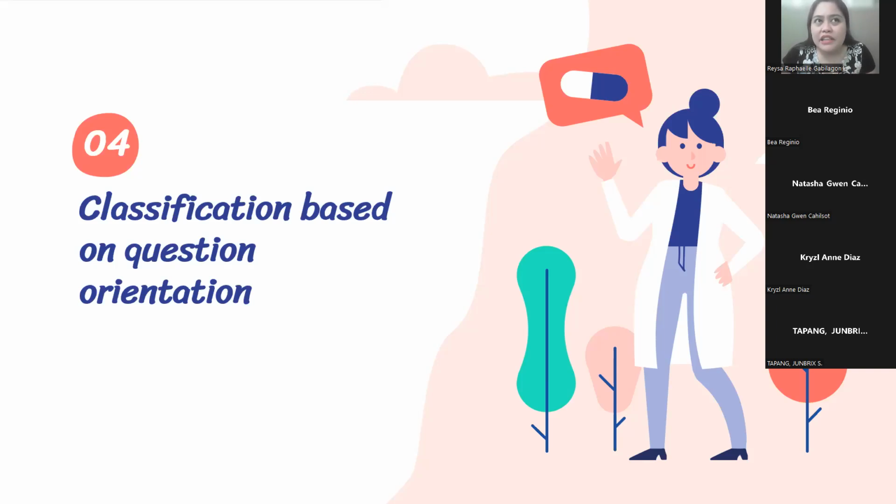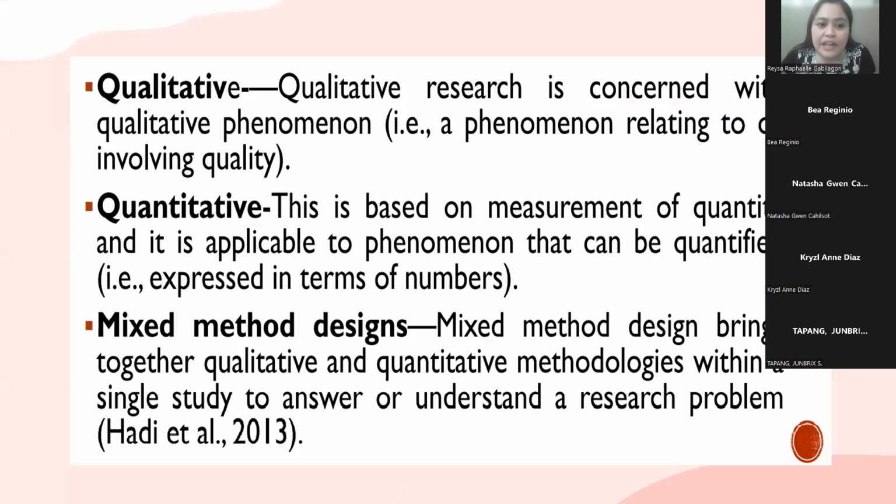We don't really usually use the retrospective, the prospective, or even the observational studies. We classify our research design using this classification based on question orientation. And ito yun, under sa classification: the quali, quanti, and the mixed method design.